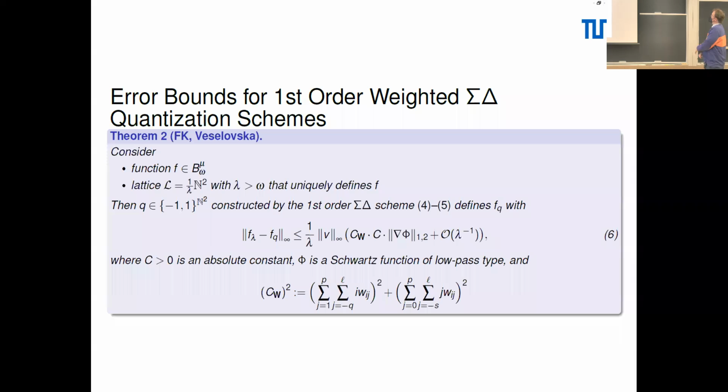So this is now the theorem here. We're just saying basically, if we're having a weighted combination of these sigma delta schemes along the different directions, we are also getting a weighted error, and that has this error that we've seen before with some weight constant C_W that's given in this form here.